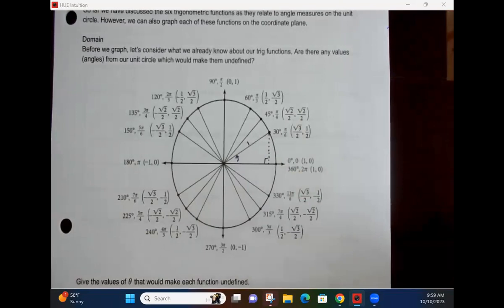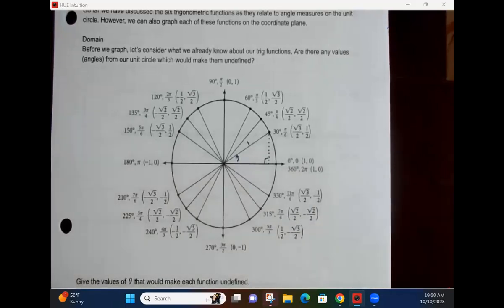So the last big topic that we're going to talk about, and our topic for today, is the domain of these trig functions. What x values can I have? What x values are okay? Are there any places where I would be undefined? We did see a handful of examples in some of our practice problems earlier in this unit where we got undefined values.